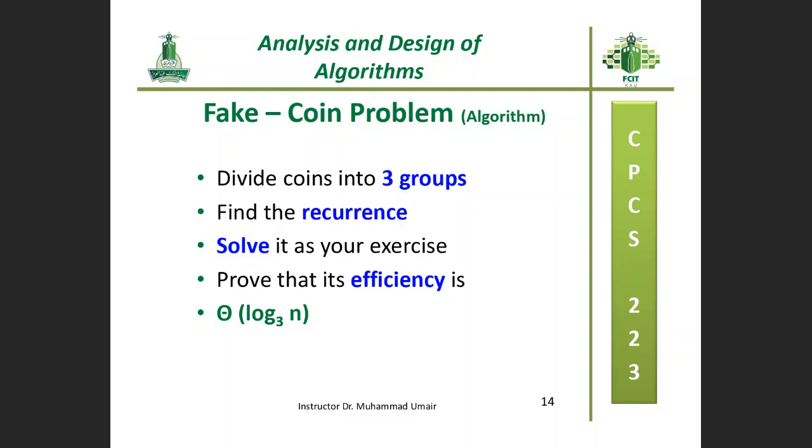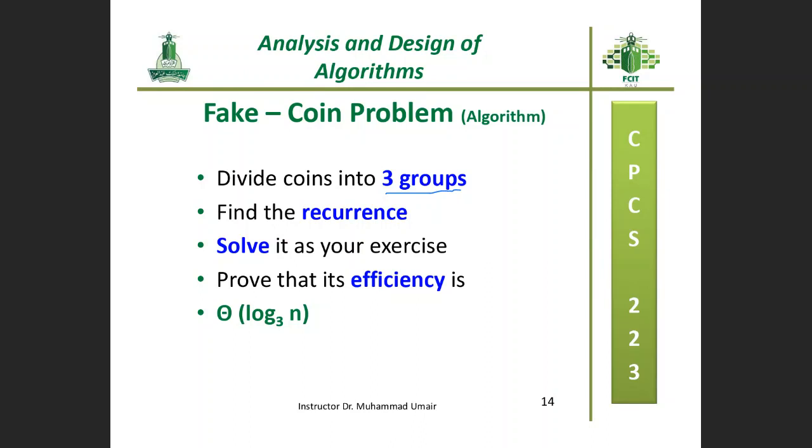Is that clear? If you divide the coins into 3 groups and solve this problem, obviously making 3 groups will reduce the running time and enhance the efficiency.